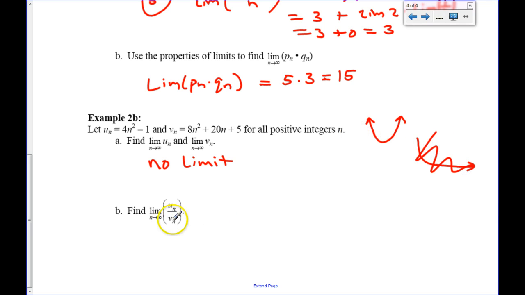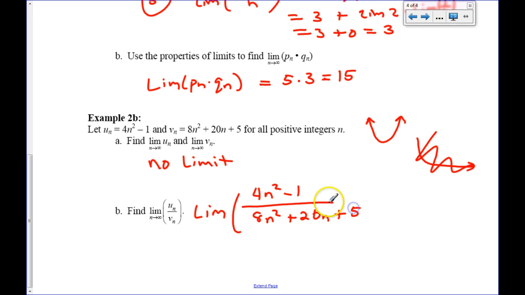All right, so the second part, however, is a little bit different. We're going to look at the limit of 4n squared minus 1 over 8n squared plus 20n plus 5. Okay?